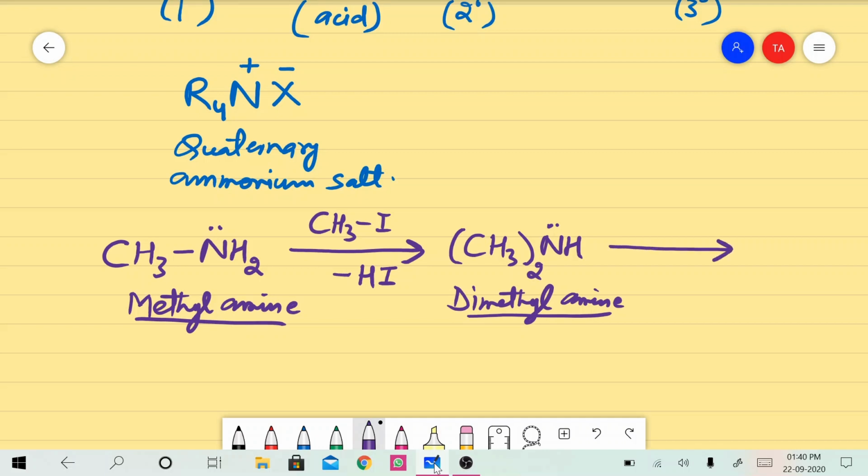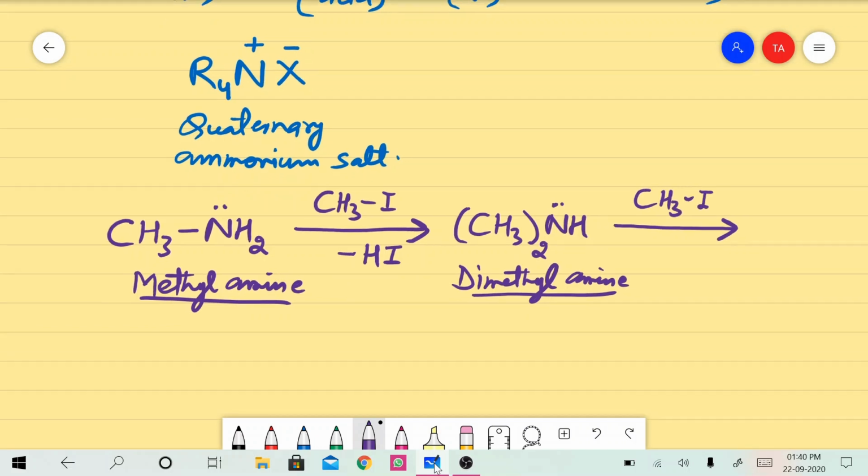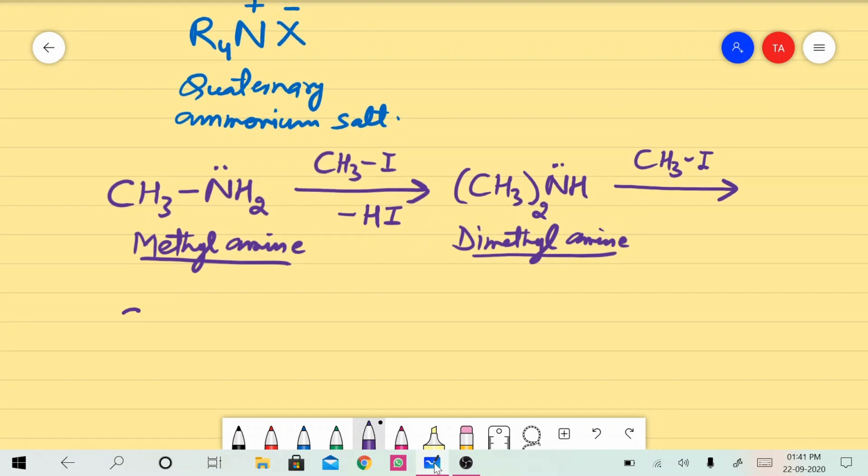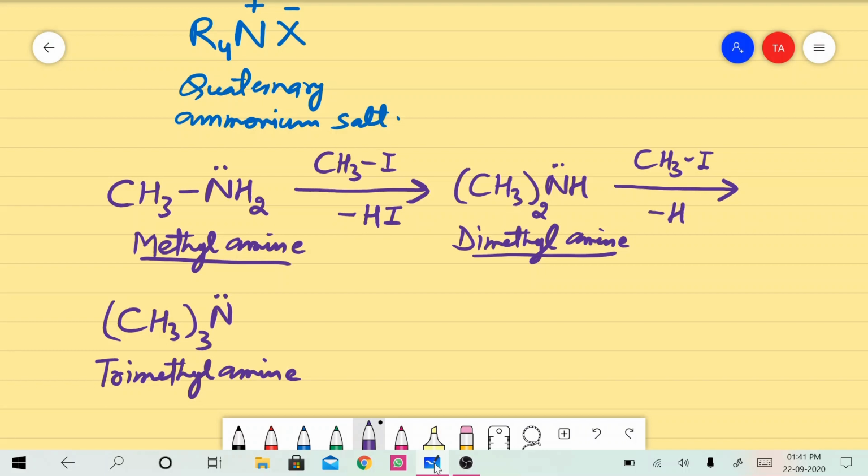Now this secondary amine reacts further with another molecule of methyl iodide, and we get a tertiary amine which is trimethyl amine along with a side product of hydroiodic acid.